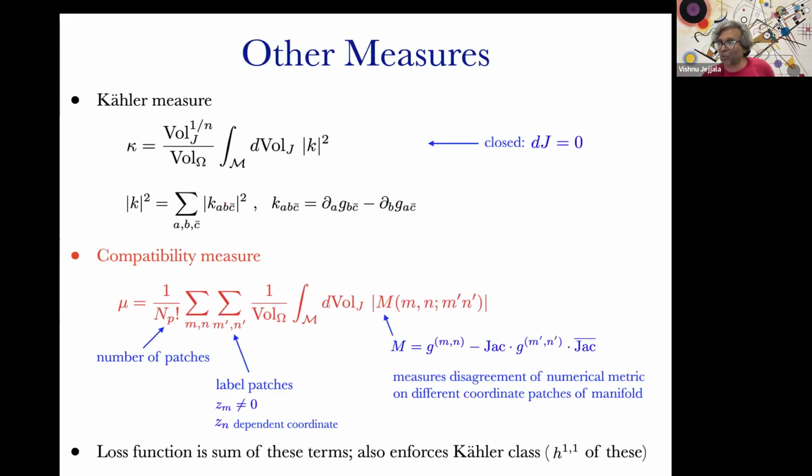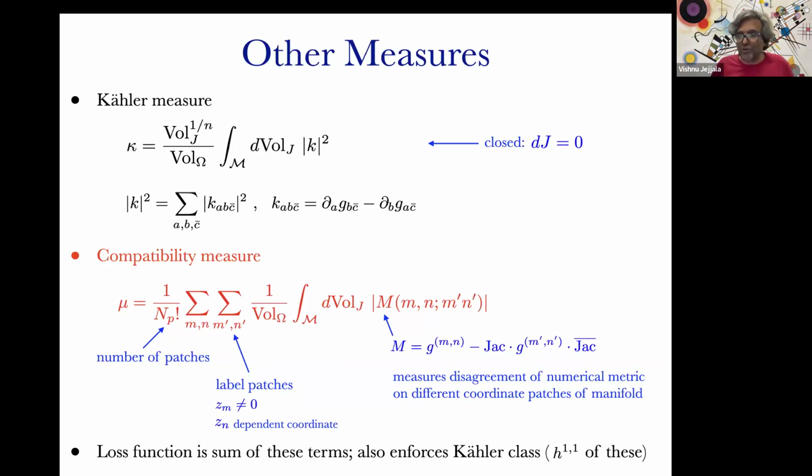In addition, because we're working explicitly with manifolds numerically, we need to ensure other features are satisfied. One is that the Kähler form is closed. Another is that because we're working with explicit coordinate patches, we need to make sure that the metric on one patch is consistent with the metric on another patch by checking that the Jacobians, which connect these different patches, give us compatible metrics.